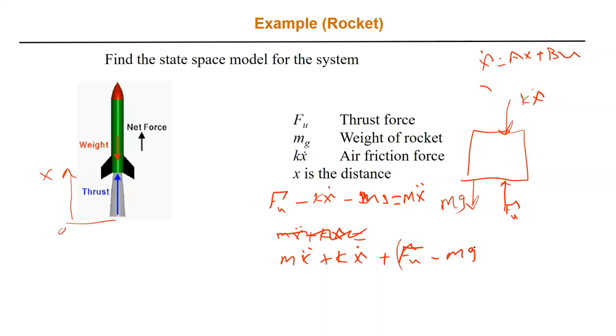Let me call this together my inputs. This must be equal to 0, because the mass we are considering to be constant. So whatever force you have, subtract a constant from it, and that will be your input.